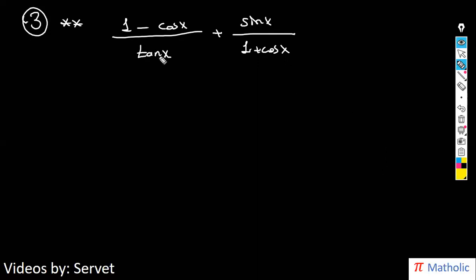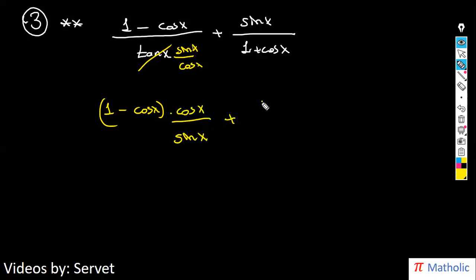So first of all, let's convert tangent to sine over cosine. So this can be written as 1 minus cosine x. If you flip this fraction, it will be cosine over sine x plus sine x over 1 plus cosine x.